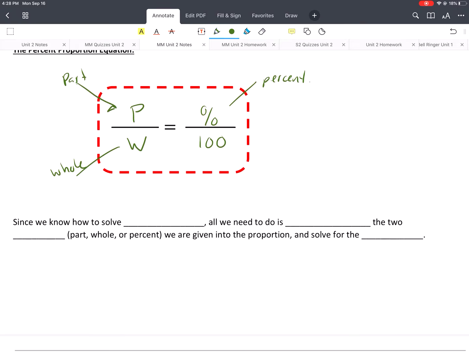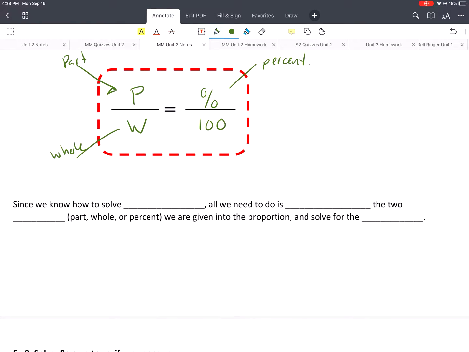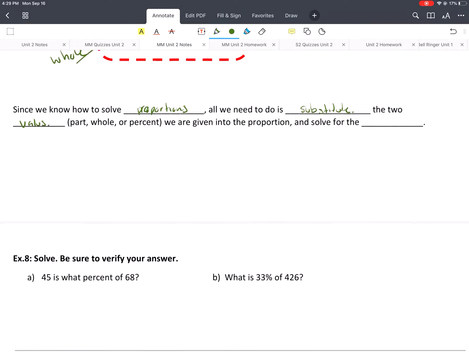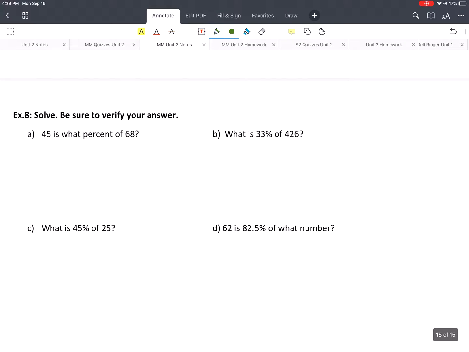Since we know how to solve proportions, all we need to do is substitute the two values, whether it be the part or the whole or the percentage, and then we will solve for the unknown variable, just like we did for example 5. So we're basically bringing it all together.